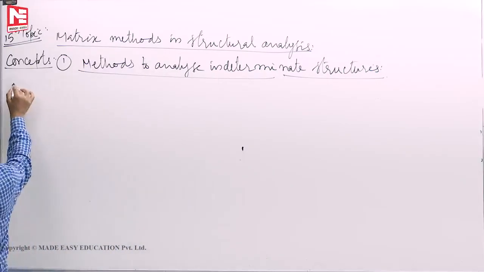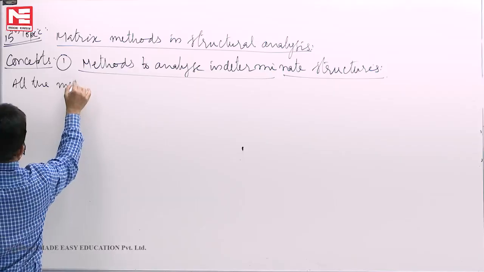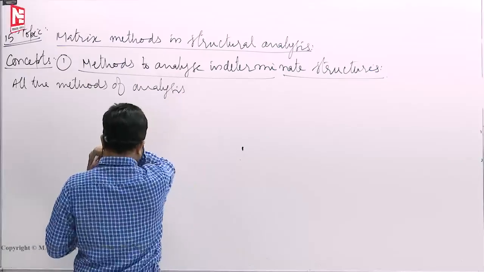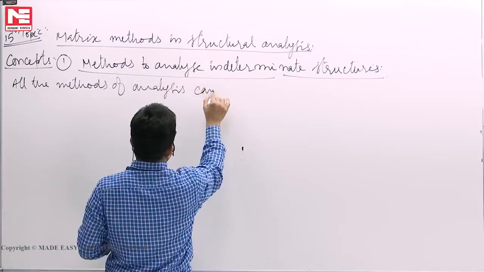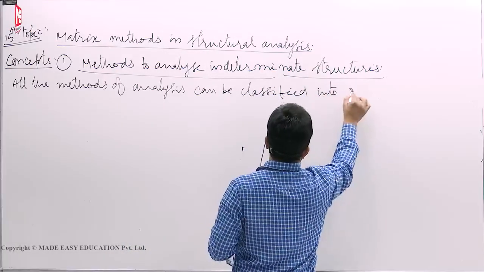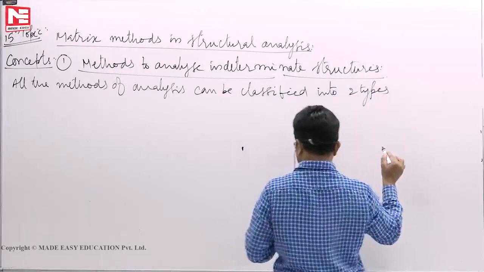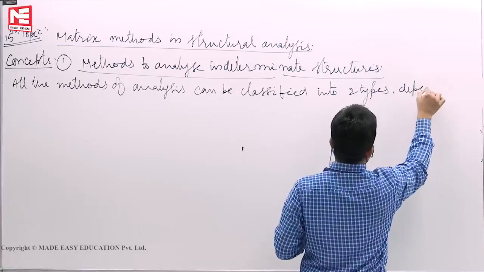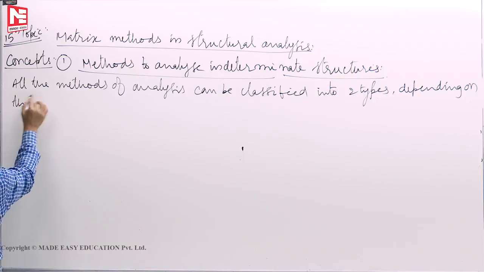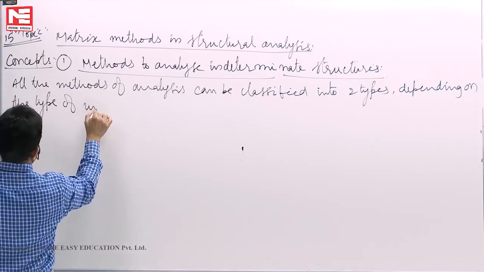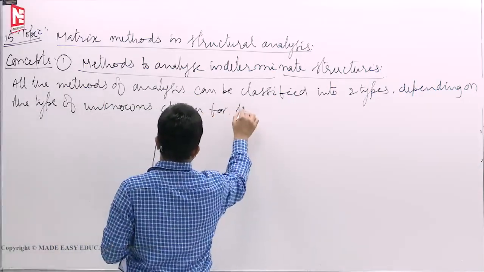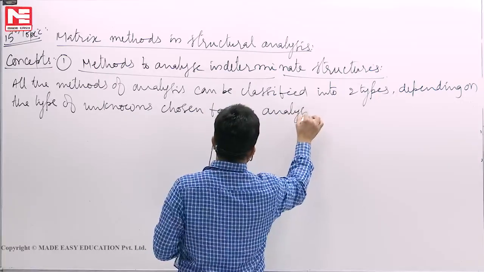So all the methods of analysis, whatever we have studied, all the methods of analysis can be classified into two types, depending on the type of unknowns chosen for the analysis.